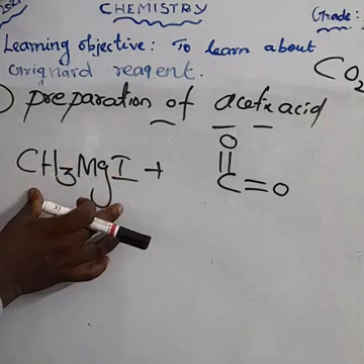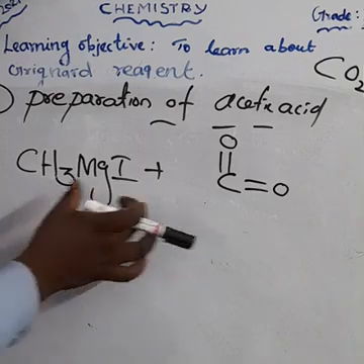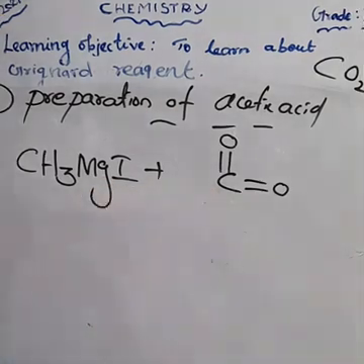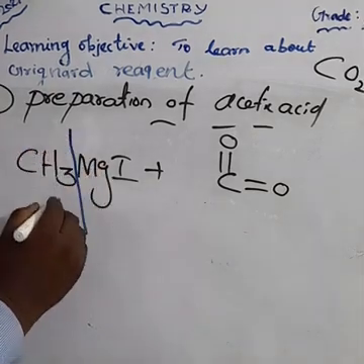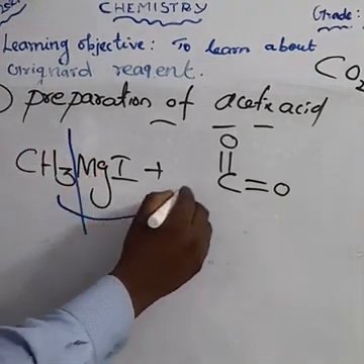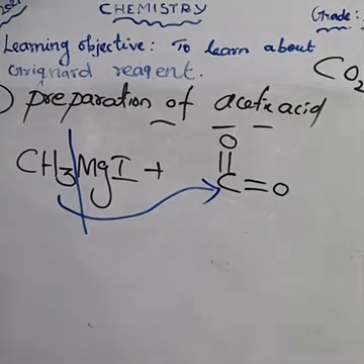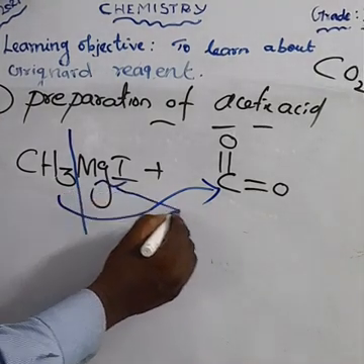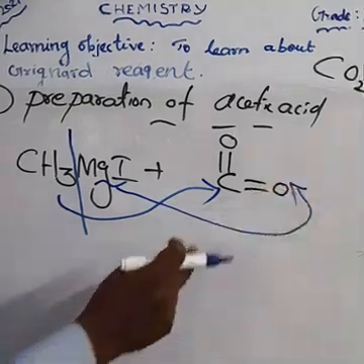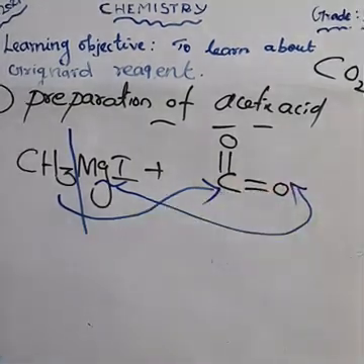Methyl magnesium iodide reacts with carbon dioxide. Here the methyl group breaks and attaches to the carbon, then the magnesium iodide attaches to the oxygen. So the double bond is converted to a single bond.